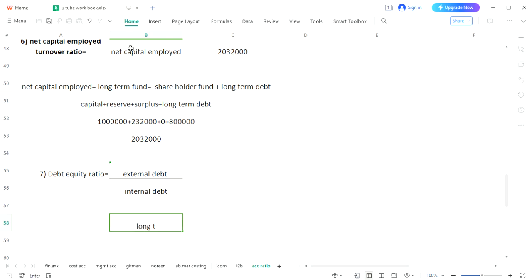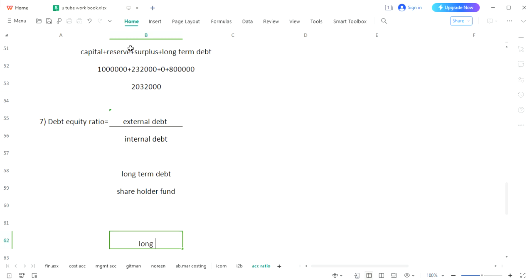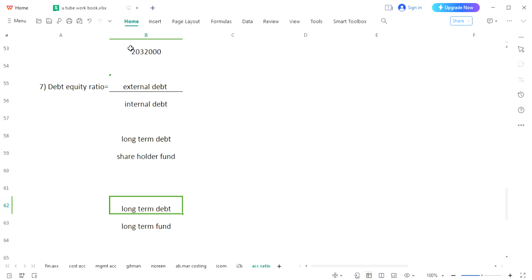Then we have long-term debt divided by shareholder fund, and we have long-term debt divided by long-term fund. Alright guys, in this way we have written three formulas and any one formula has been used by the book, and we don't know which formula has been used.